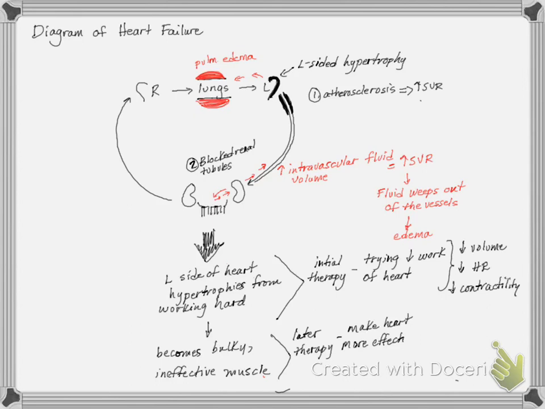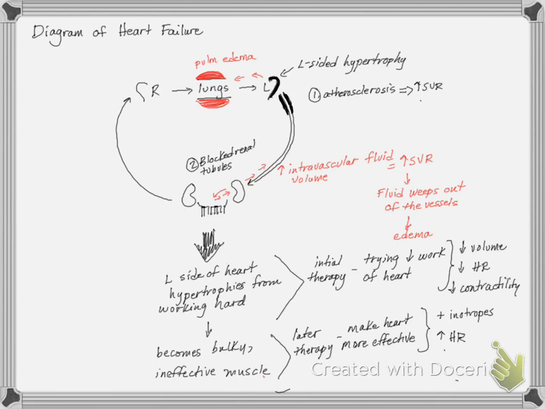So how we do that is with positive inotropes, which help to make the contractions harder, and with increasing our heart rate, trying to get circulation better out there.